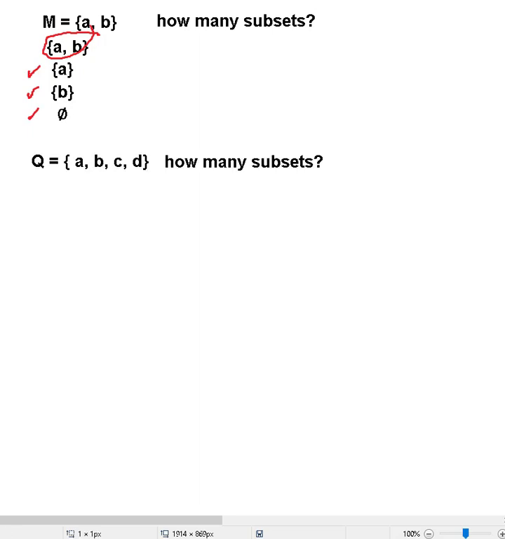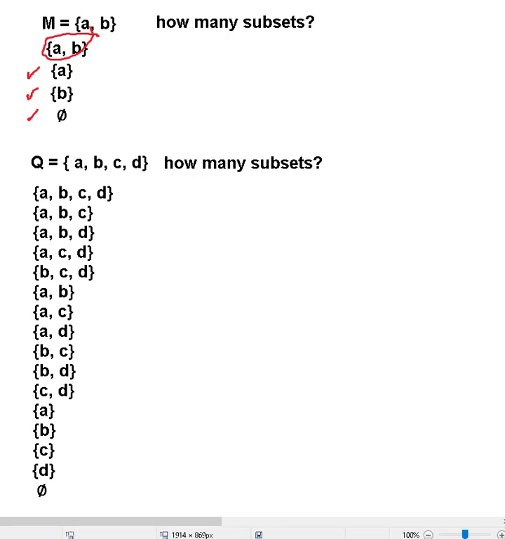So let's take a look at set Q. It's got the letters A, B, C, D in it. How many subsets? And the answer is a bunch. I made a list of these things, and I've got to admit it took me a while because right at first I was missing a couple. But notice, you might want to pause the video, and when you do, notice each one of these is a distinct subset of set Q. There's no repeats in there.